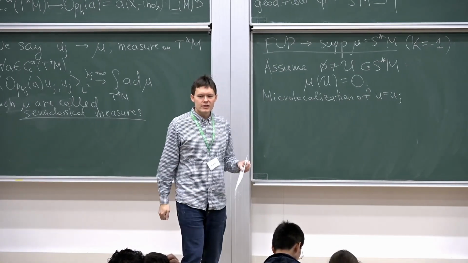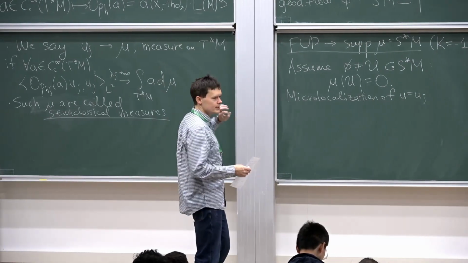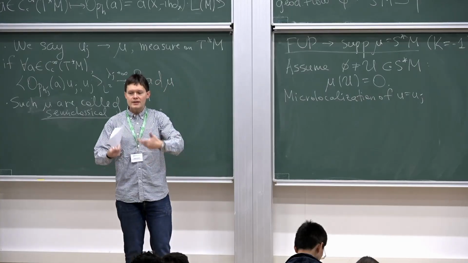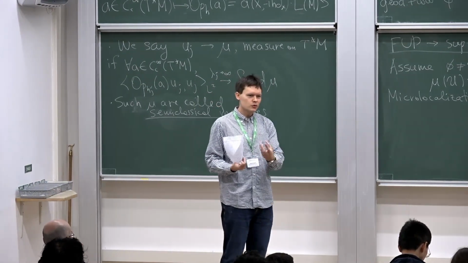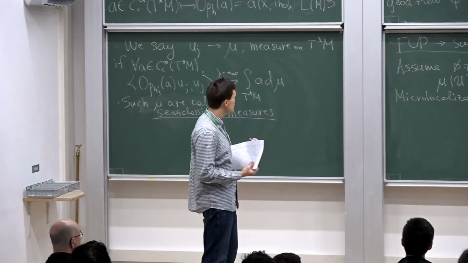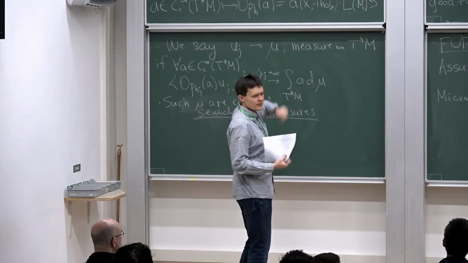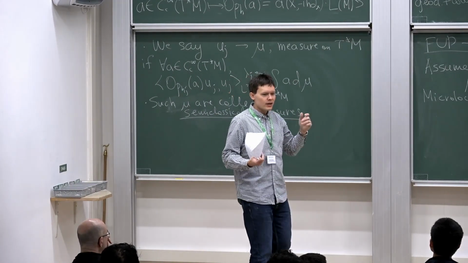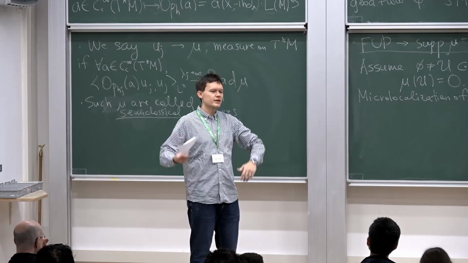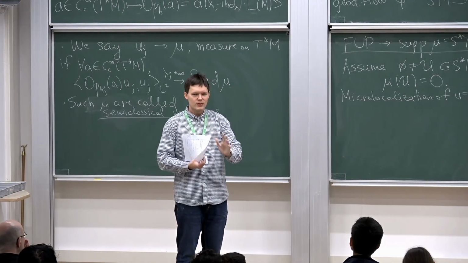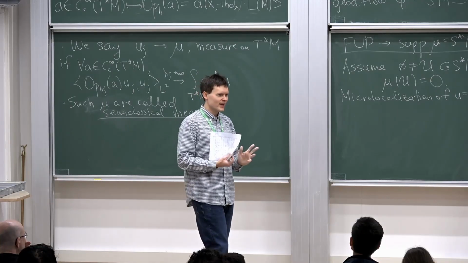So the idea here is that you have this semi-classical quantization, and you can take different symbols, which in my case will actually be h-dependent. They'll correspond to sets that sort of shrink with h. You can quantize those symbols to operators, and then you can apply those operators to u. For example, if you get something small, you will say u lives away from the support of the symbol. Okay, so very vaguely.